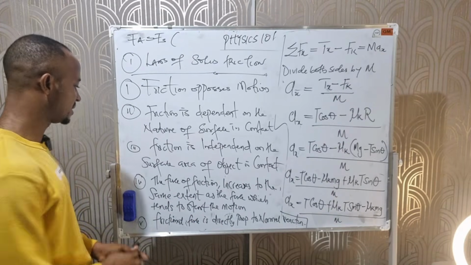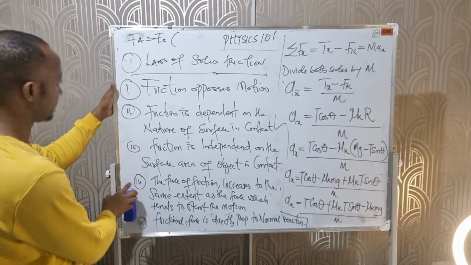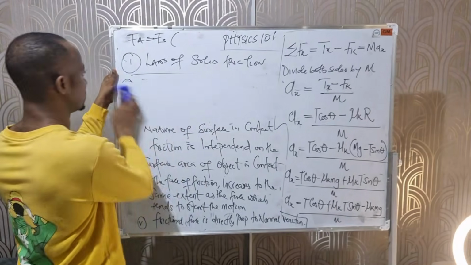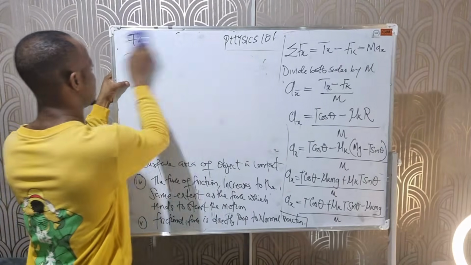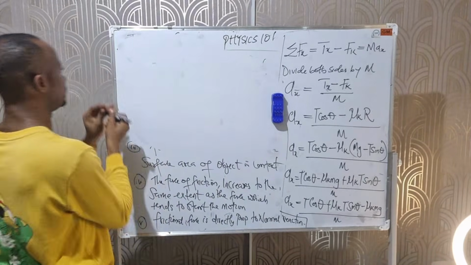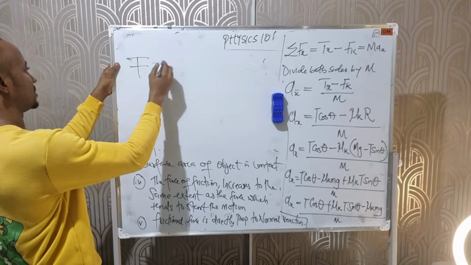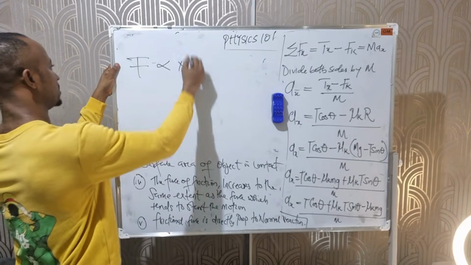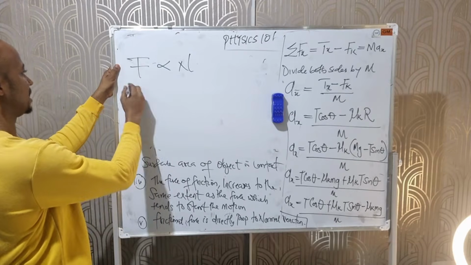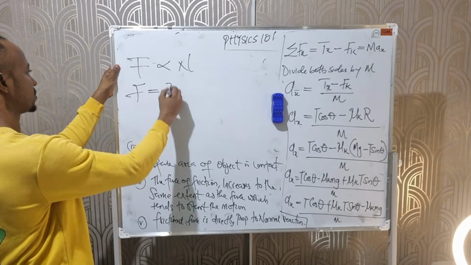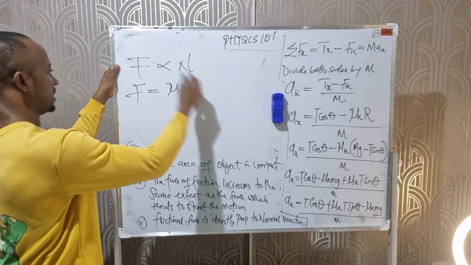Then the last one says frictional force is directly proportional to normal reaction. Frictional force is directly proportional to normal reaction, right? By the time I take off this proportionality sign, our frictional force is equal to mu k N, right?